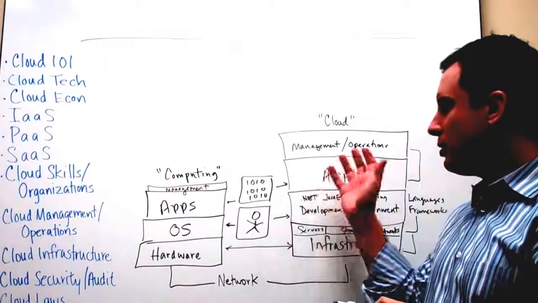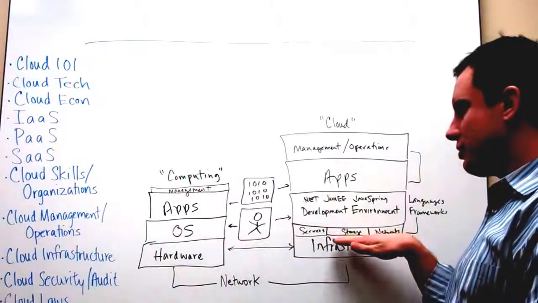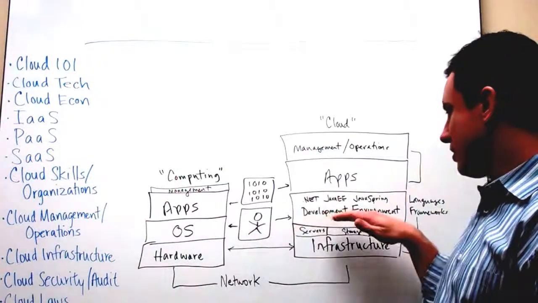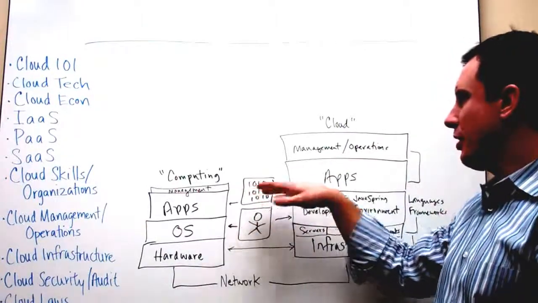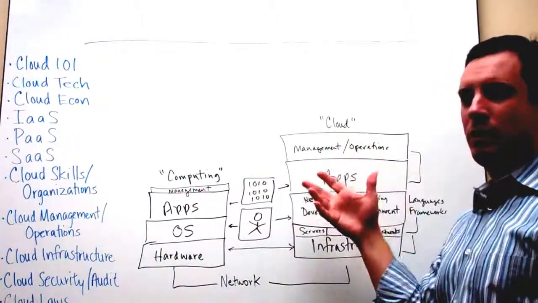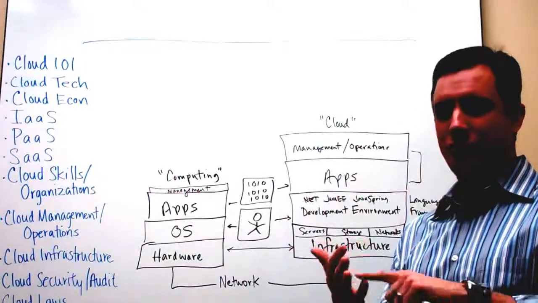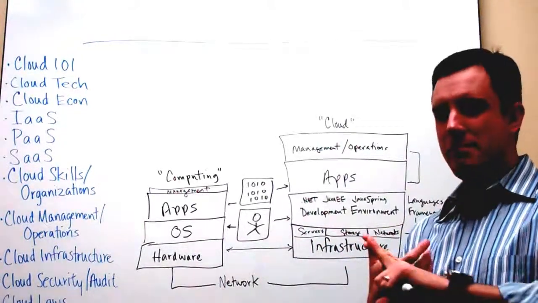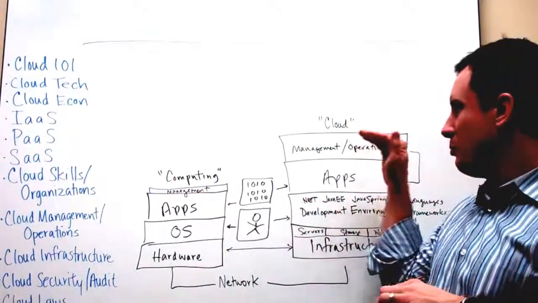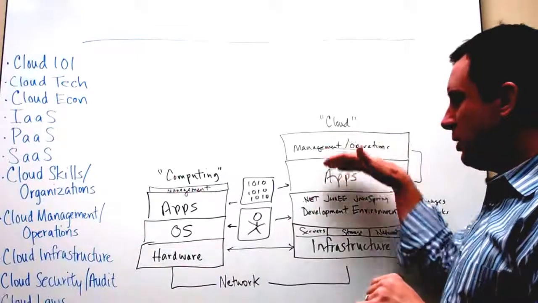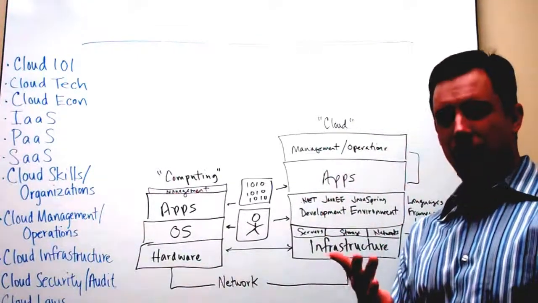Okay? So you can see the natural correlations between what is hardware and infrastructure, what is the OS and development environments, what are applications and how those map to each other, and then where management and operations, whether this is called orchestration, automation, dynamic provisioning, management, all those words and functions, become a very, very important piece of being able to say, whenever I want resources, I can get them on demand.